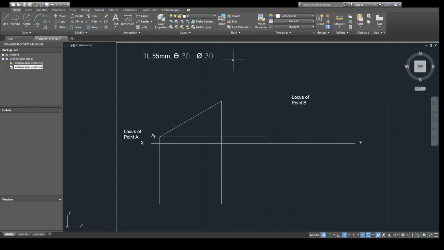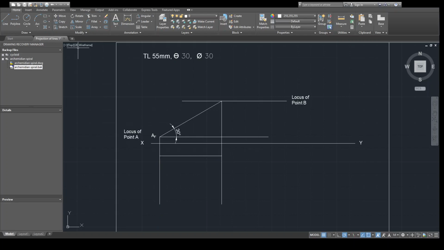So first what we have done here, we have drawn the line of 55 mm which is inclined to HP by 30 degrees. I will write the dimensions here. So this is the 30 degrees. We will locate one more point AH, at a random distance, no problem.